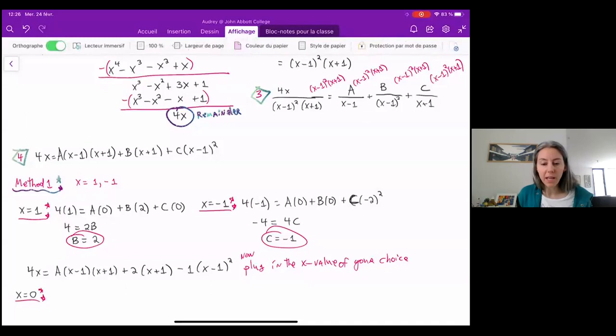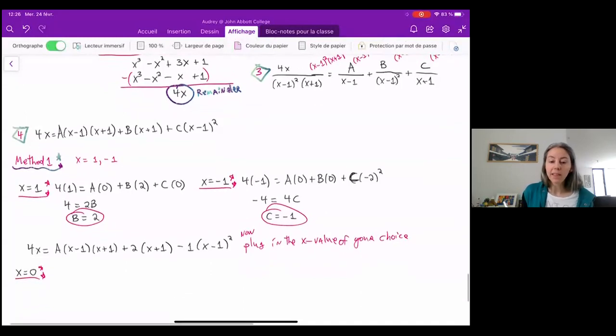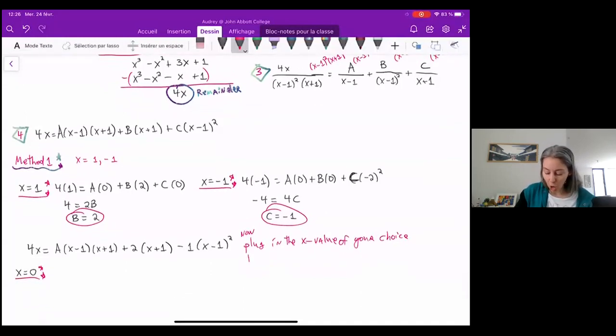And if you've already plugged in 0, plug in an x value of your choice that has not already been plugged in. So if you've already plugged in 0, 1 might be good. In this case, I've already plugged in 1, so clearly that's not going to work. So pick an intelligent value. Pick a value that's going to be easy to plug in to the thing that you have.